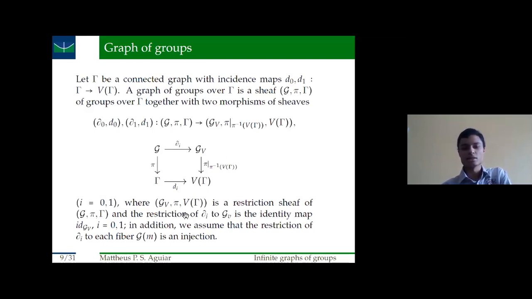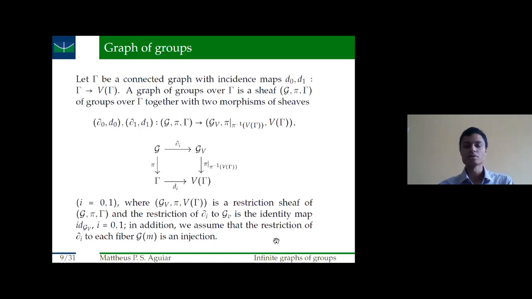The restriction of each of these d_i to G_V is the identity map on the sheaf of vertices. And in addition, we assume that the restriction of d_i to each fiber, G_m, is an injection.